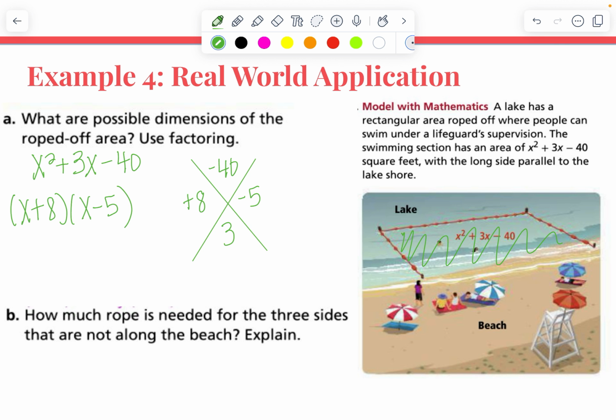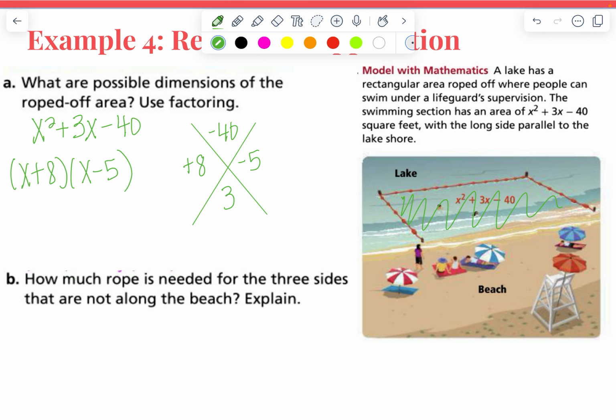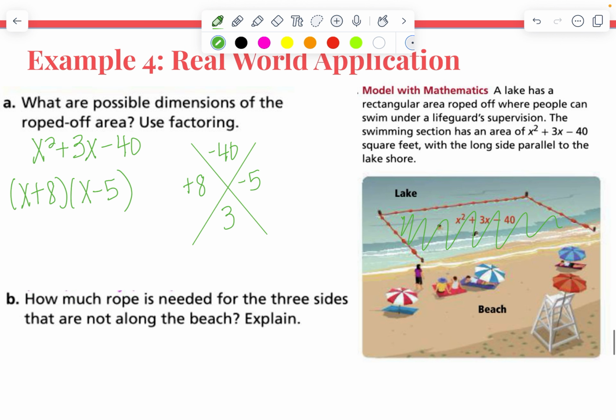And it says how much rope is needed for the 3 sides that are not along the beach. So we know then that this part is x plus 8, and then the 2 sides are x minus 5. We don't have any rope along the beach, so there's only 3 sides.